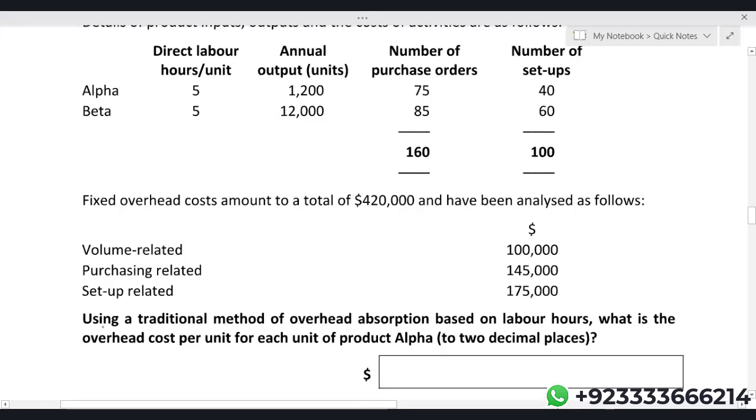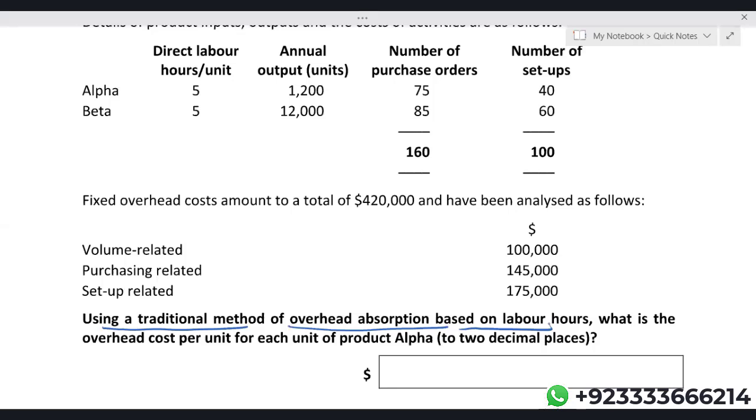Okay. Using a traditional method of overhead absorption based on labor hours. We know that under absorption costing, it is number one volume based, and normally they have a budgeted activity level, either labor hours or machine hours. That is why we say that under absorption costing, overhead allocation is unfair.